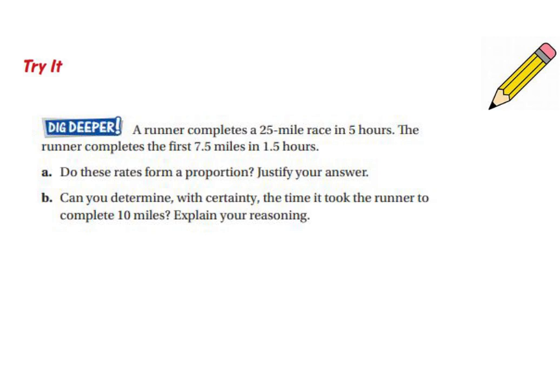So let's start with 25 miles in 5 hours. Here's miles and hours. So we're going to make our table, 25 miles in 5 hours. And right now I can see that we have an invariant relationship, and we're going to divide 25 by 5 and we get 5.